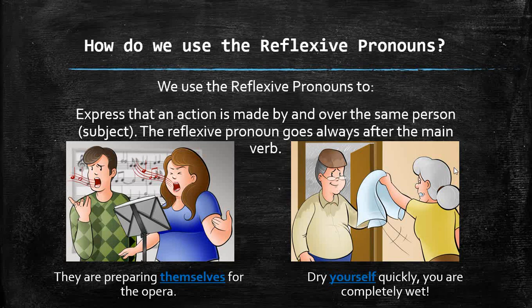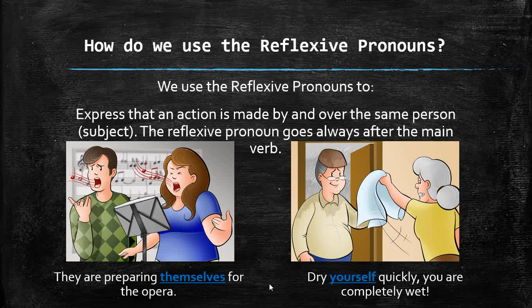The first one, they are preparing themselves for the opera. They are making the action that is prepare over themselves. The second example, dry yourself quickly.